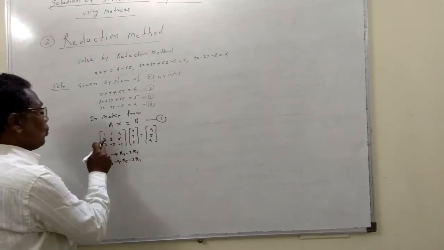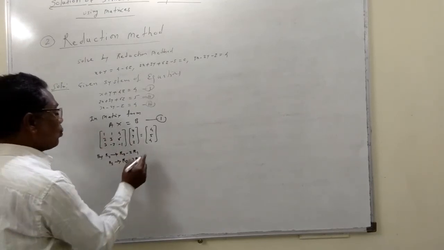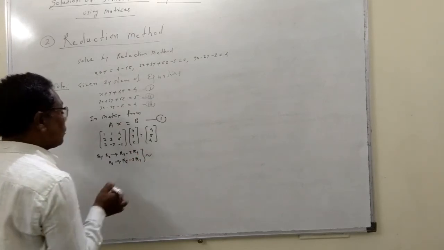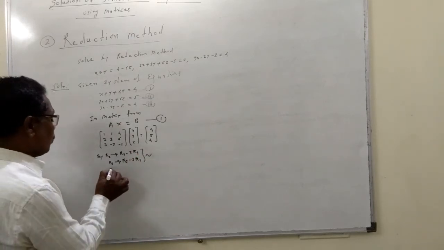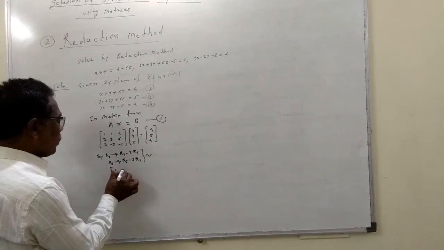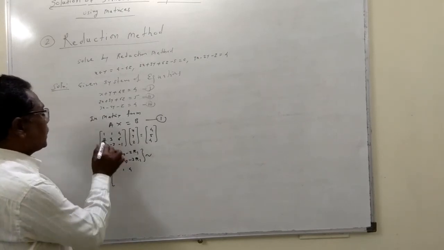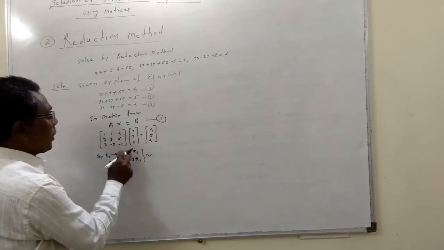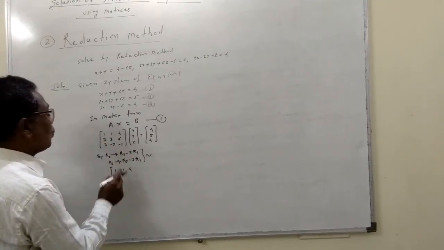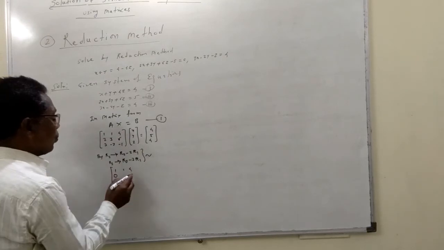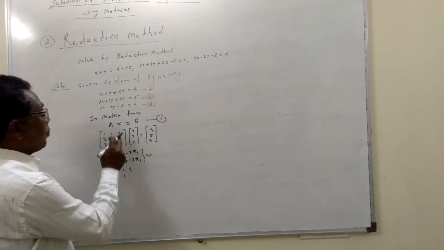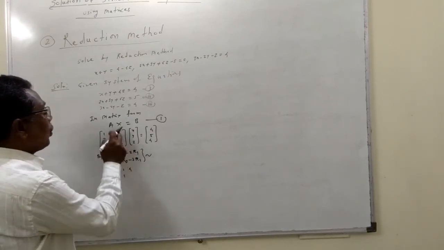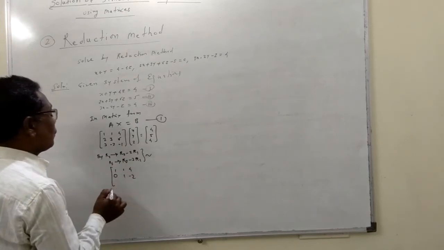So by this operation the matrix is reduced to: first row 1, 1, 4 remains as it is. Second row: 2 minus 2 is 0, 3 minus 2 is 1, 6 minus 4 into 2, that is 8, so minus 2.